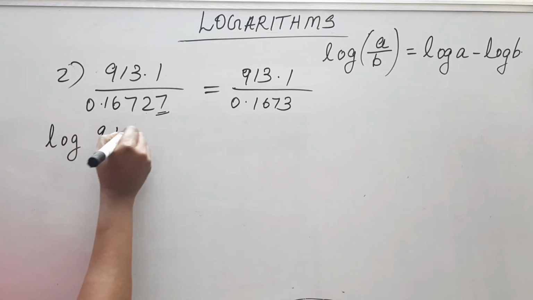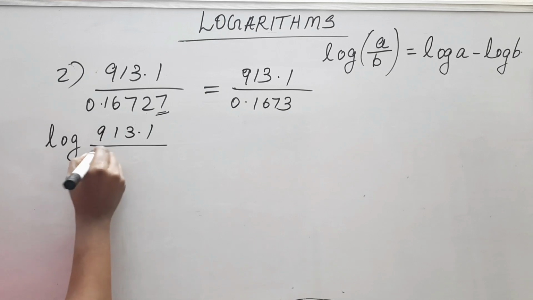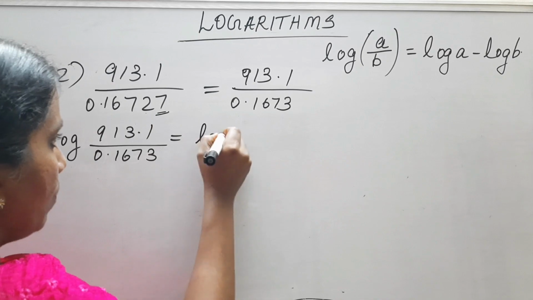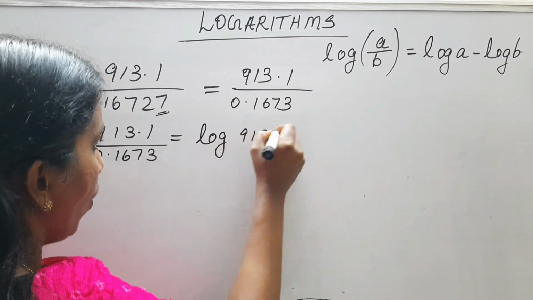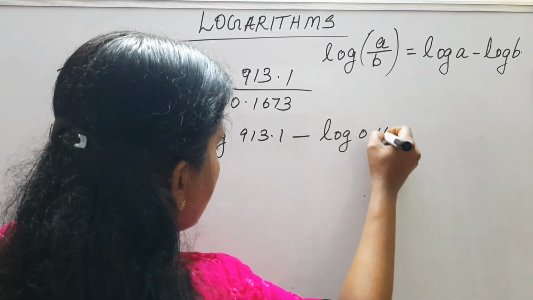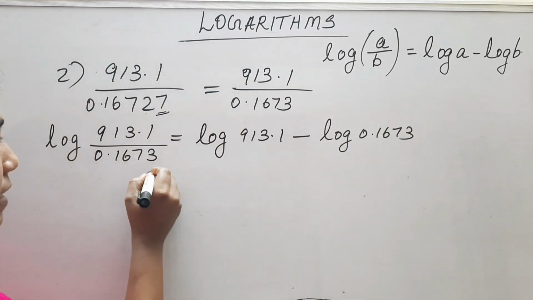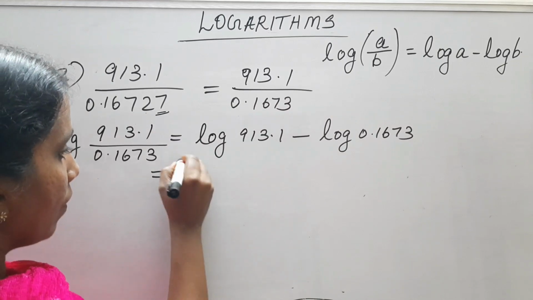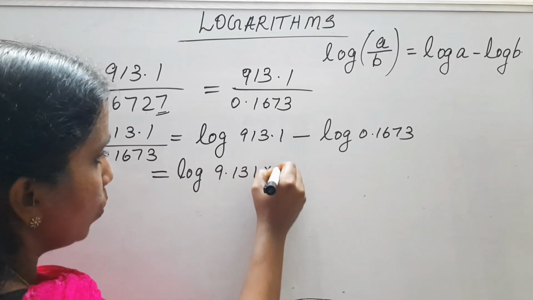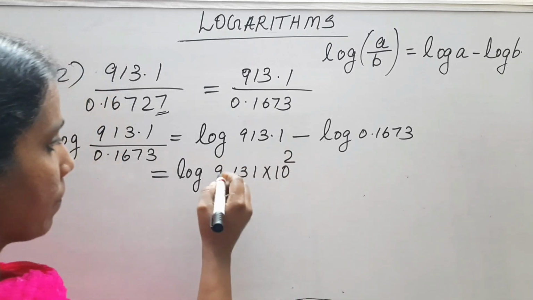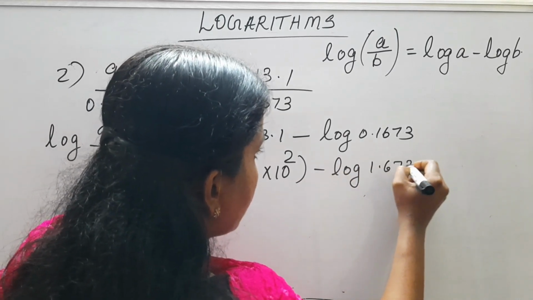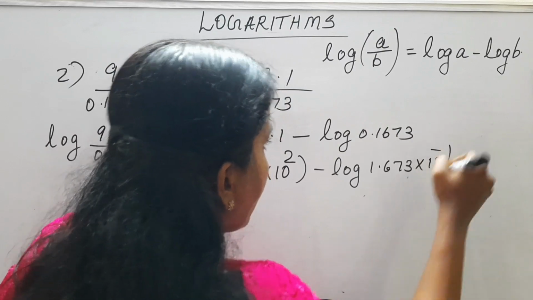So log of 913.1 divided by 0.1673 is equal to logarithm of 913.1 minus logarithm of 0.1673. Now rewriting in terms of powers of 10, we have log 9.131 into 10 squared, minus log 1.673 into 10 raised to minus 1.